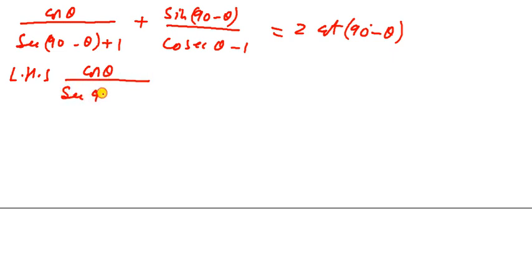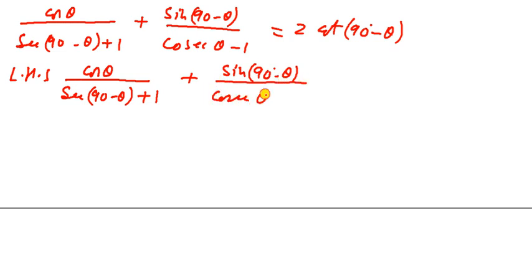Now taking their left hand side and solve the question. Now left hand side, it is cos theta upon sec 90 minus theta plus 1, and plus sin 90 minus theta upon cosec theta minus 1.